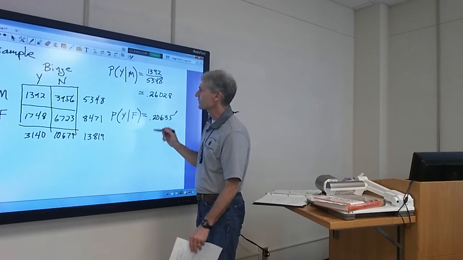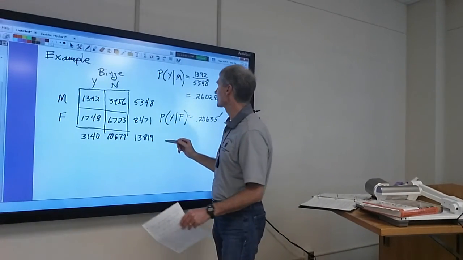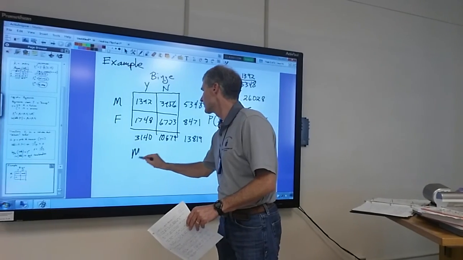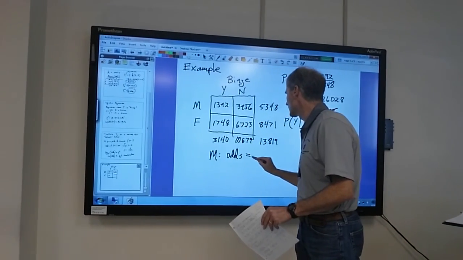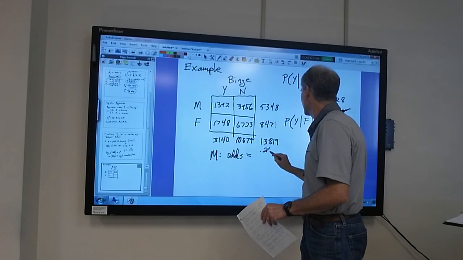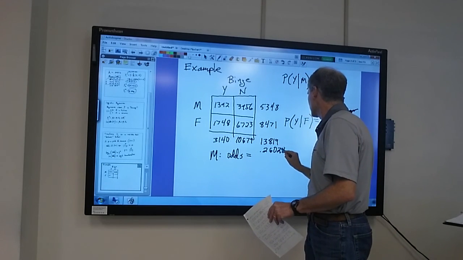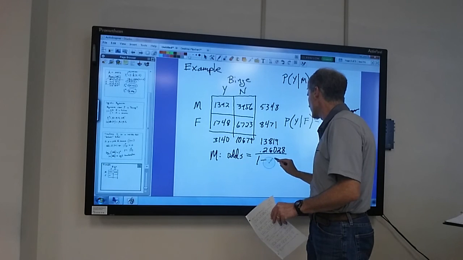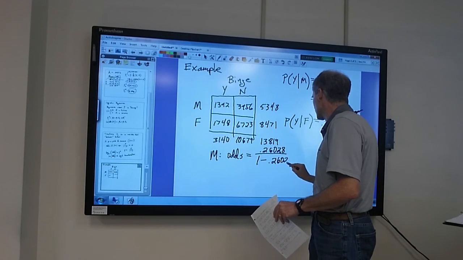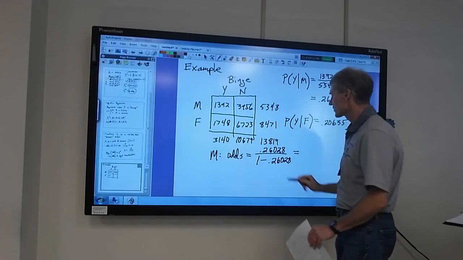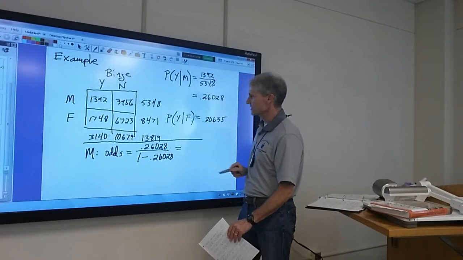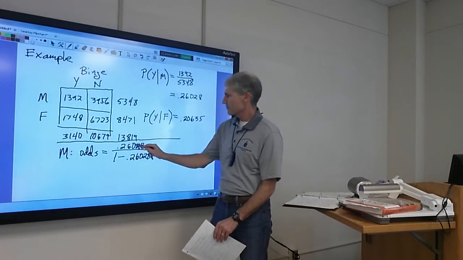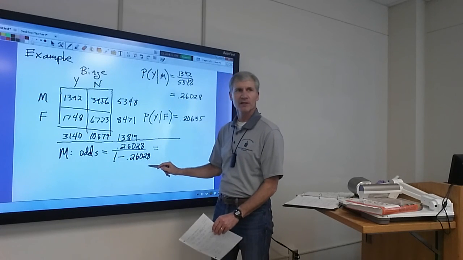But now let's convert to odds. What's the odds for males? It's going to be 0.26028 divided by 1 minus that. Probability over 1 minus probability.